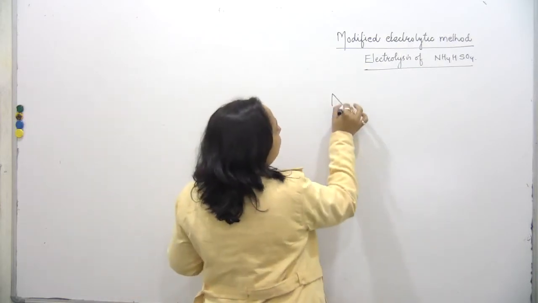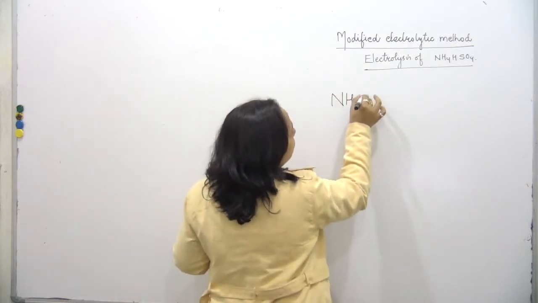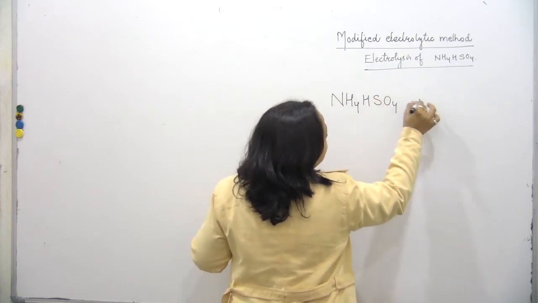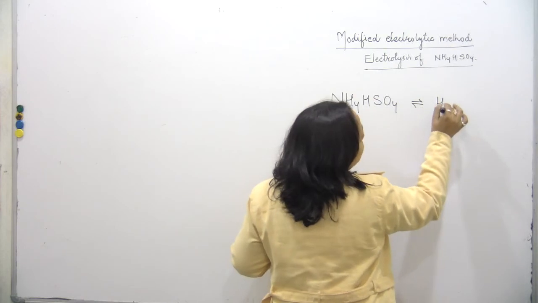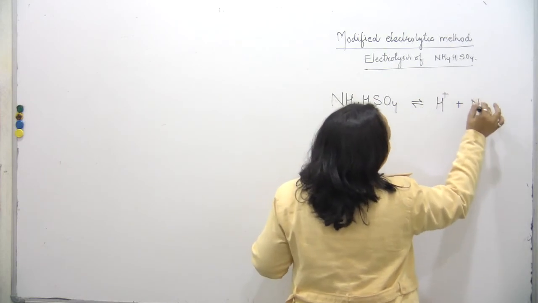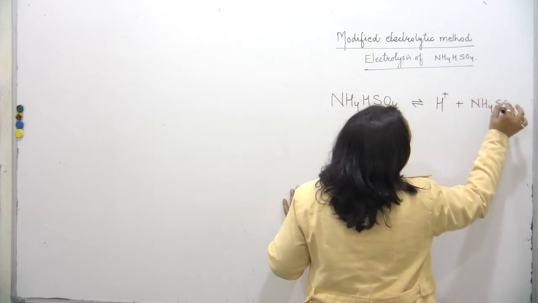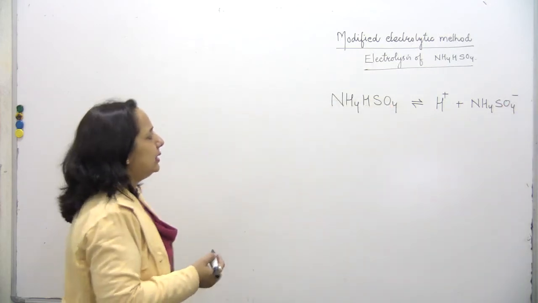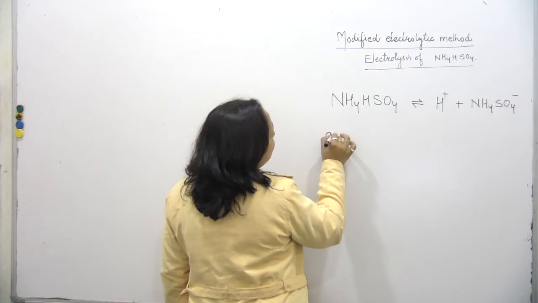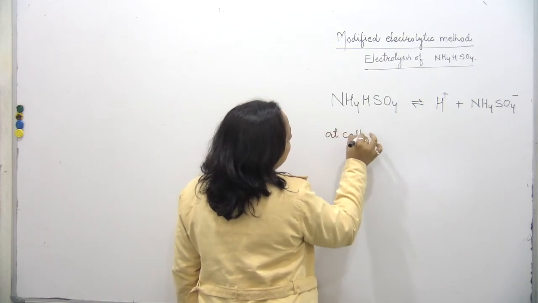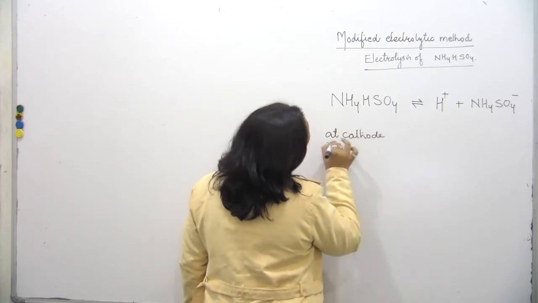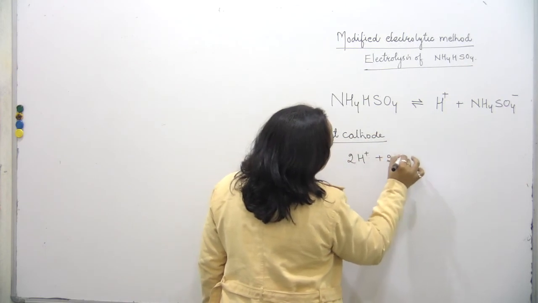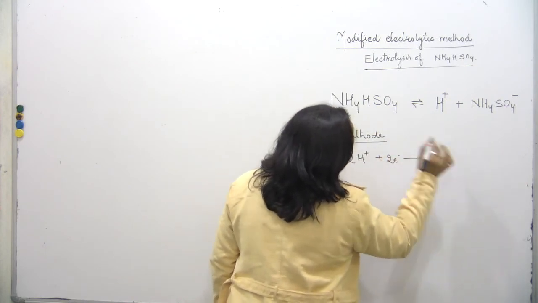Ammonium hydrogen sulfate, NH4HSO4, dissociates to give us H+ plus NH4SO4-. These are the two ions present in the solution. At the cathode the reaction is exactly the same: 2H+ plus 2 electrons, we get hydrogen.